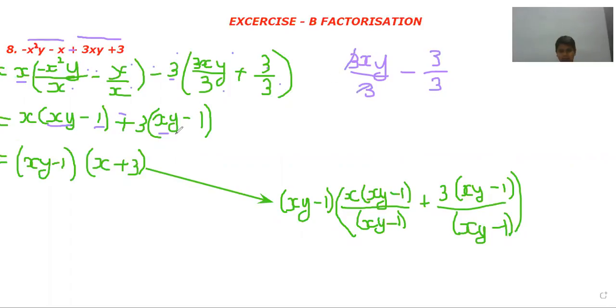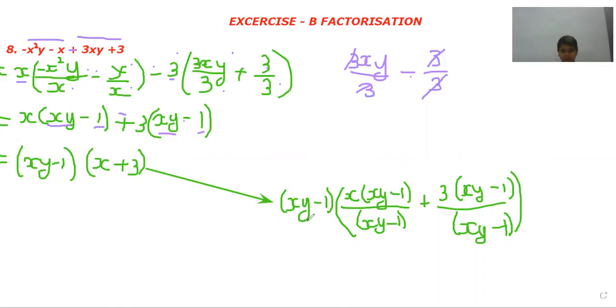What is left? xy. So xy minus 1. Here 3 and 3 cancel, 3 was the 3. So 1 here. So here next is really important. That is xy minus 1 into x plus 3. I took x plus 3.